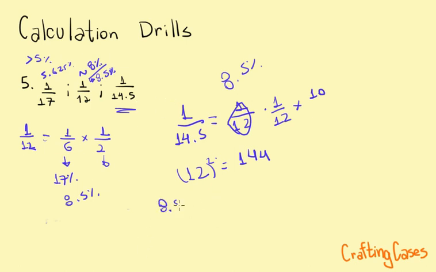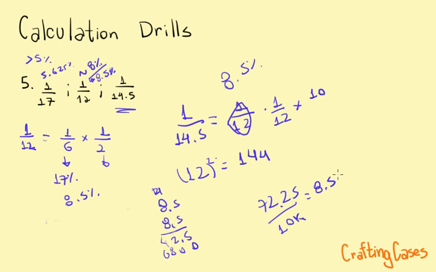Here we go, so 8.5 times 8.5, 5 times 5 is 25, so 5, a 2 here, 40, 42.5, and now 0 here, 8 times 5 is 40, 64, 68, so we have 72.25 over 10,000 equals 8.5% squared.